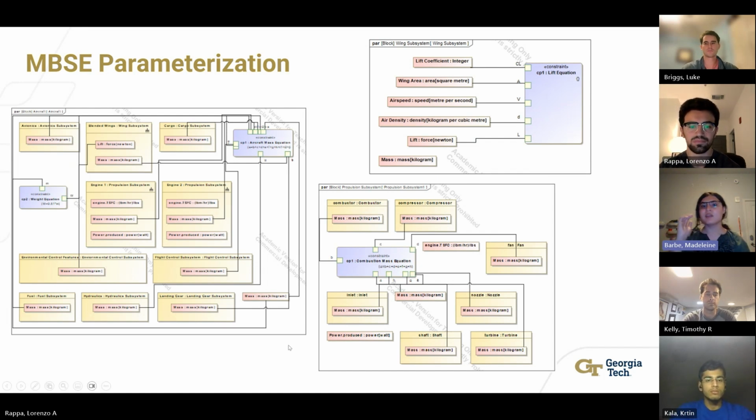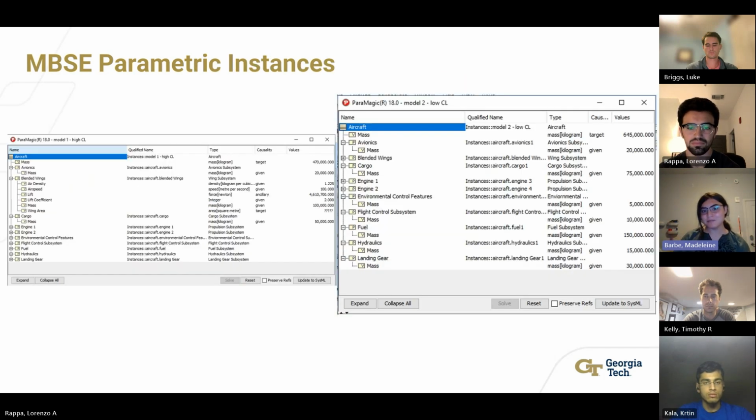Below that, on the right, is a relation of the different weights that go into the propulsion subsystem, so your combustor or your nozzle and so on. And the item on the left is a relationship between the different weights of the vehicle, so we know what our total mass is. And next slide.